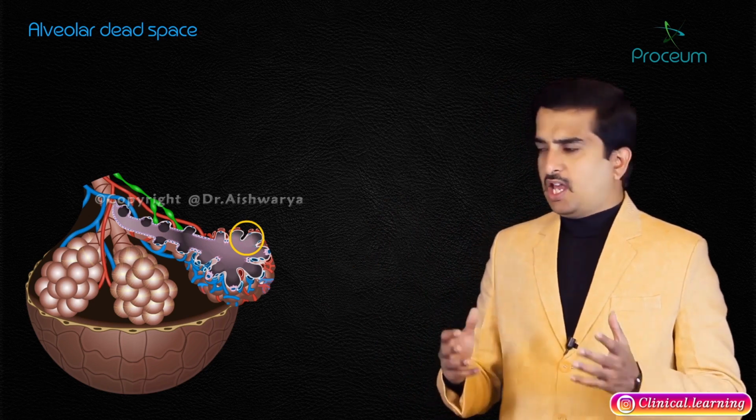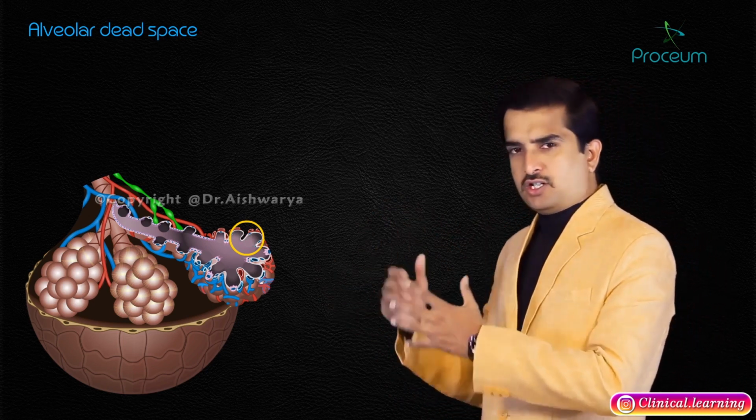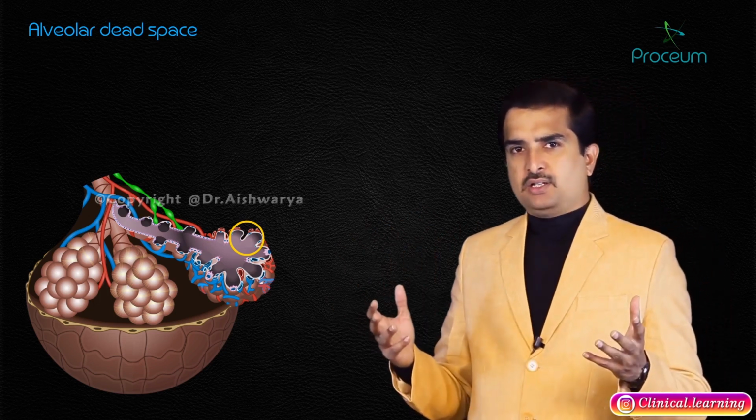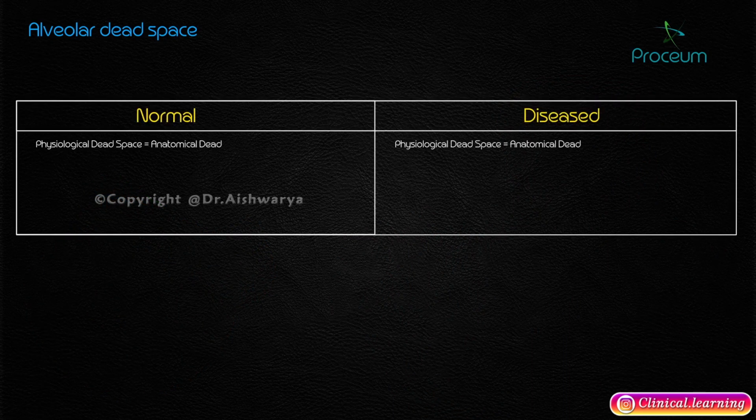Generally, every alveolus in a healthy individual is functional, so there will be no alveolar dead space. So what does alveolar dead space mean? We can calculate it as the physiological dead space minus the anatomical dead space.